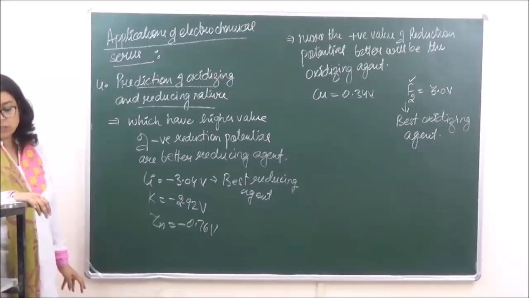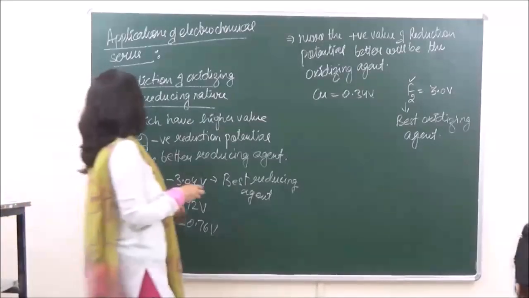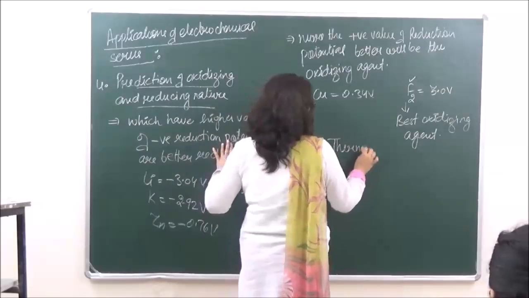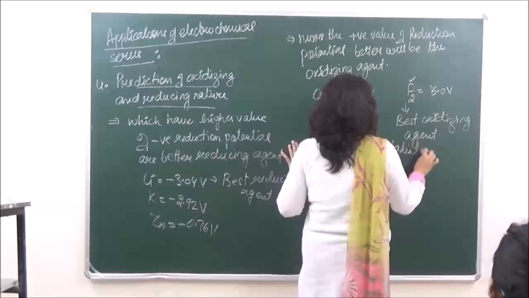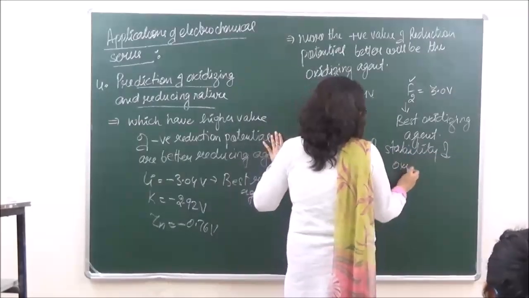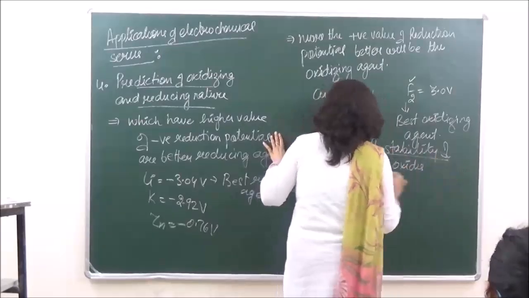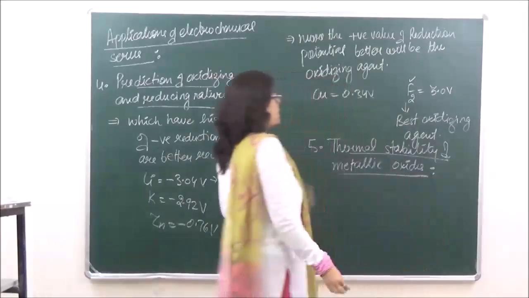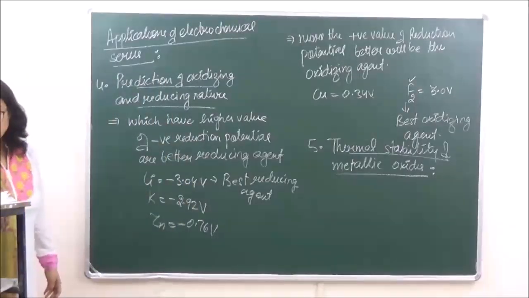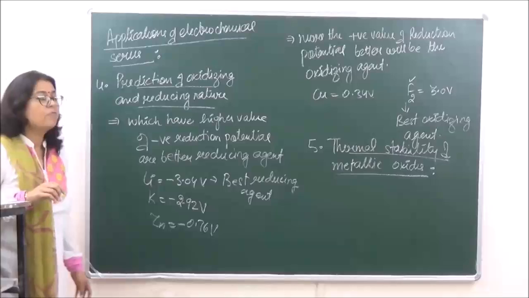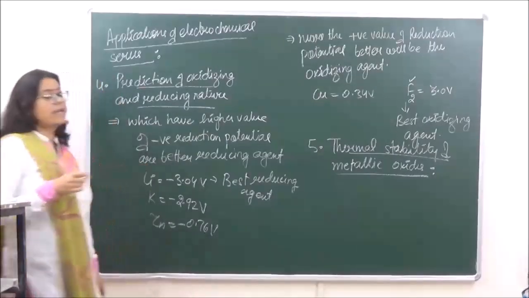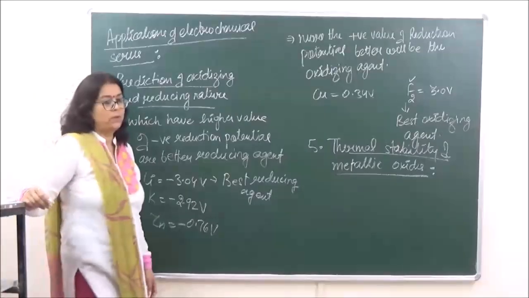Then we come to the thermal stability of metallic oxides. It is said that all those metals which have a positive value of reduction potential, their oxides are not stable.